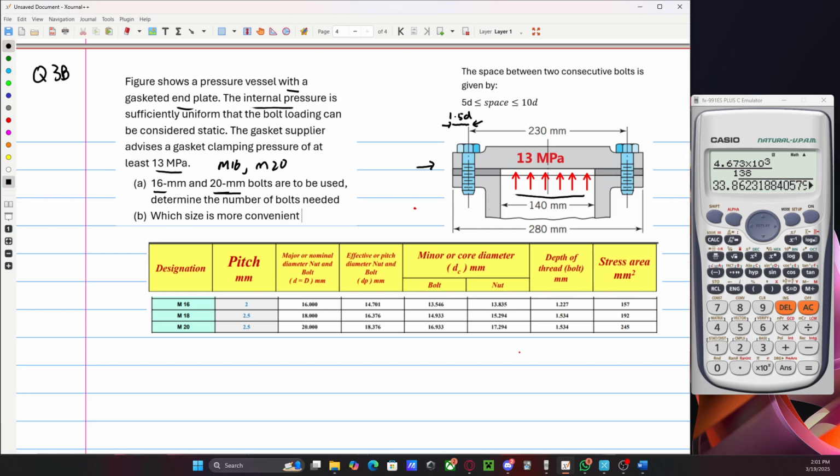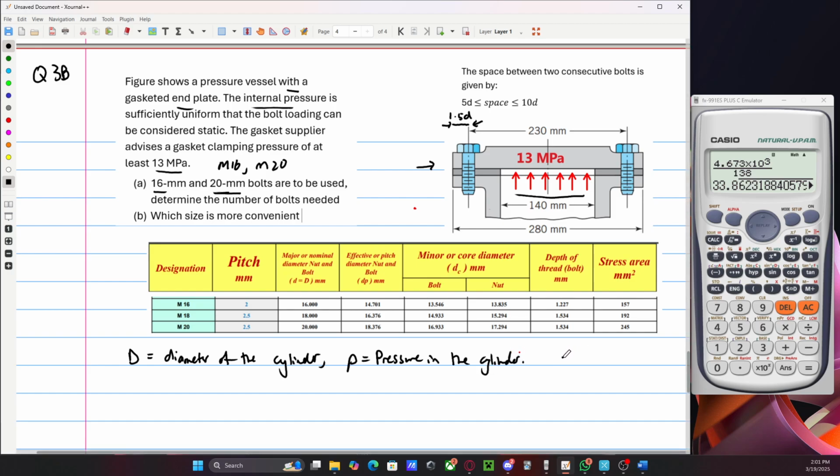So we have the following quantities. Let's see if we can understand what's going on. If I label D as the diameter of the cylinder, and P as the pressure in the cylinder, and then the core diameter, which is the minimum nominal diameter, that would be this small d here, which is just the diameter of the bolt.